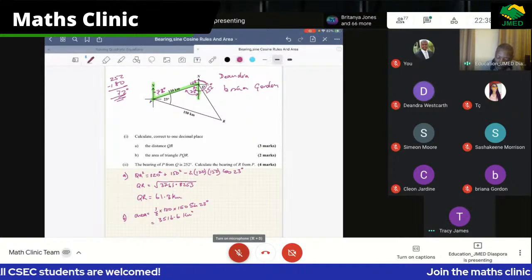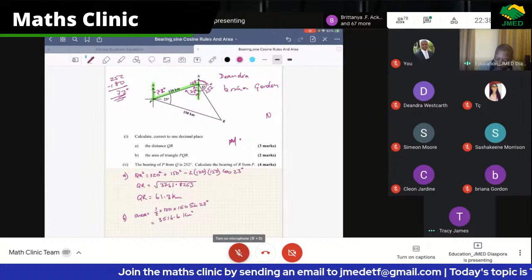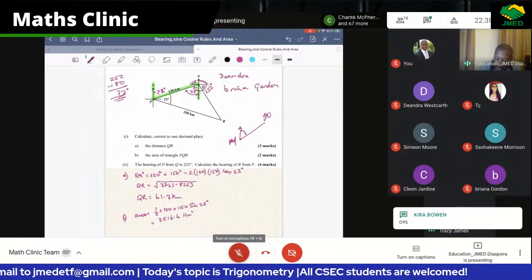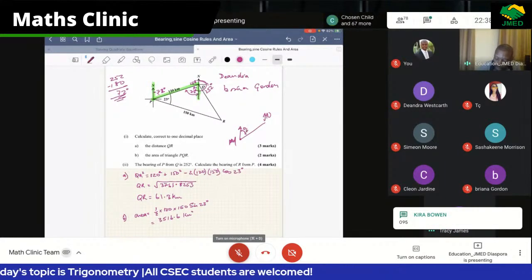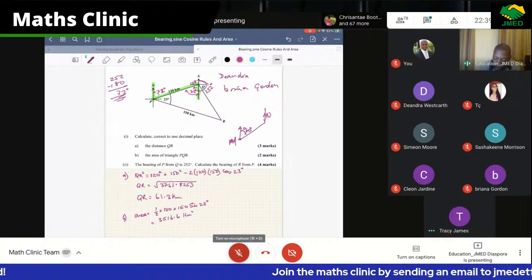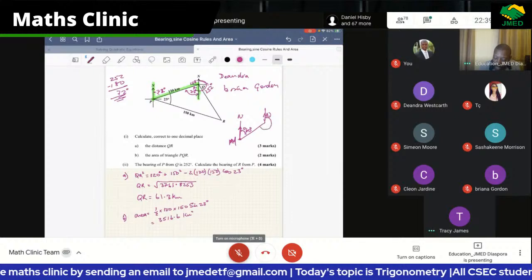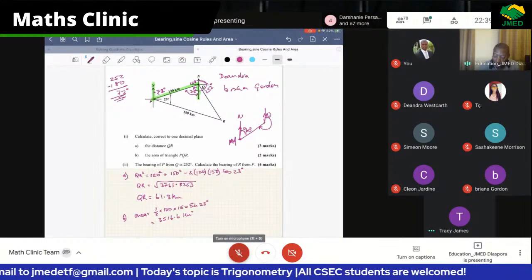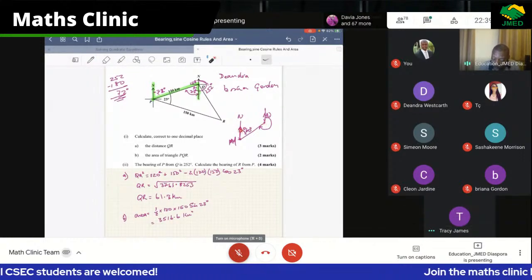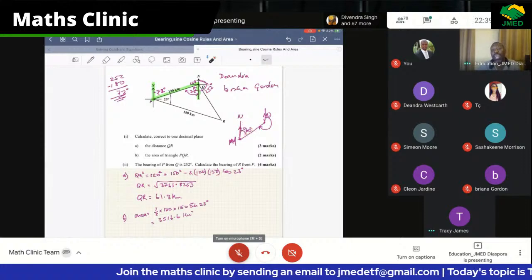If you've got a point M and you've got N, and you've got these bearings, and let's say this bearing is 060 degrees, that's N from M. If I want to find the bearing of M from N, what I need to do is add 180 degrees to this value, because this value is less than 180.